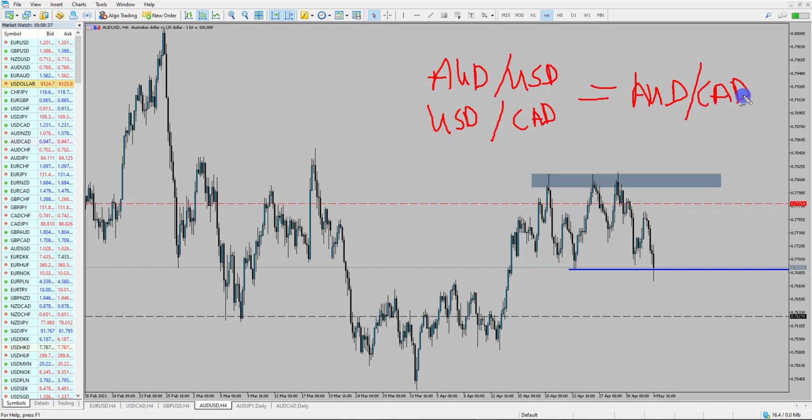If I want Aussie CAD to move lower, considering we've just looked at that strength meter, I need to see Aussie US dollar move lower, and I need to see dollar CAD either move sideways or move lower as well, because I want the Australian dollar to weaken and the Canadian dollar to gain strength. So I want both of these currency pairs moving lower.